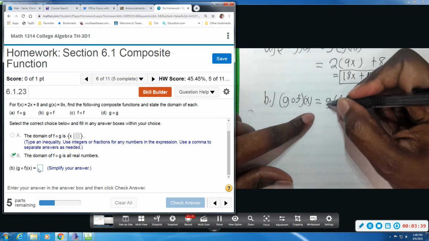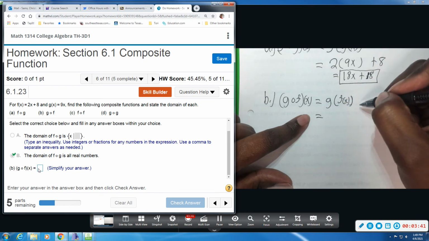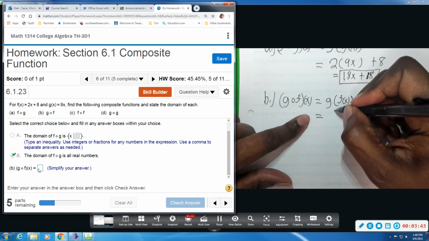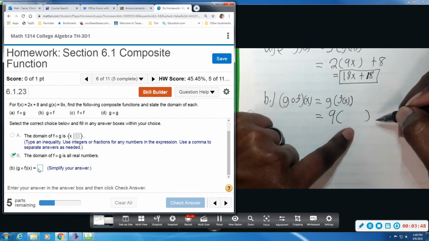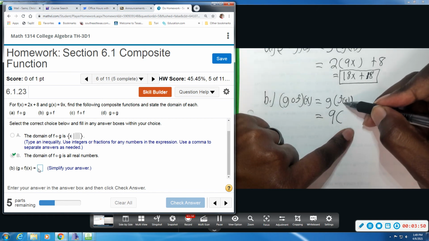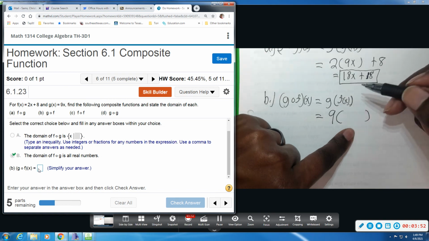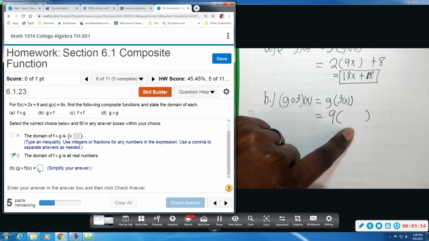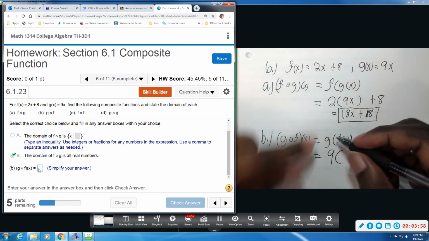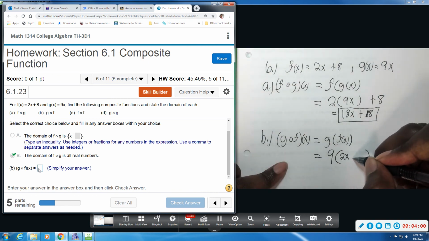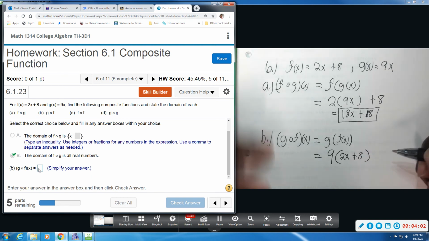So we're going to start out with the g equation on the outside this time. G equation was 9x, so I'm going to do 9, and then instead of x, I'm going to put parentheses and leave it blank. In the place of x, we're going to plug the whole f of x equation. F of x equation is 2x plus 8. So inside of here, we're going to plug in 2x plus 8.